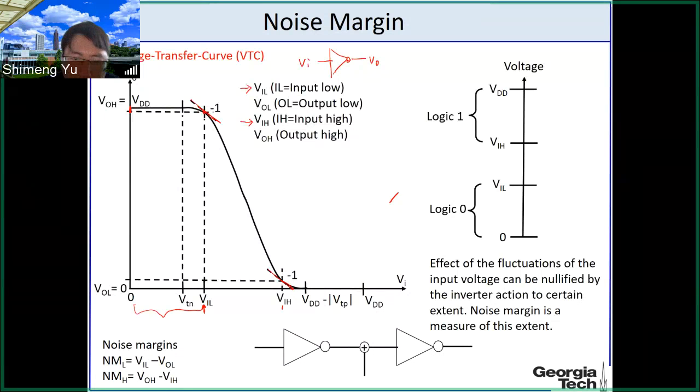The range between VIH and VDD, we can think of as logic input 1, and here is logic input 0. For logic input 1, if the voltage is in this range, then the output voltage is very close to the ground. So the output voltage is from here to basically ground. The output voltage is pretty low.